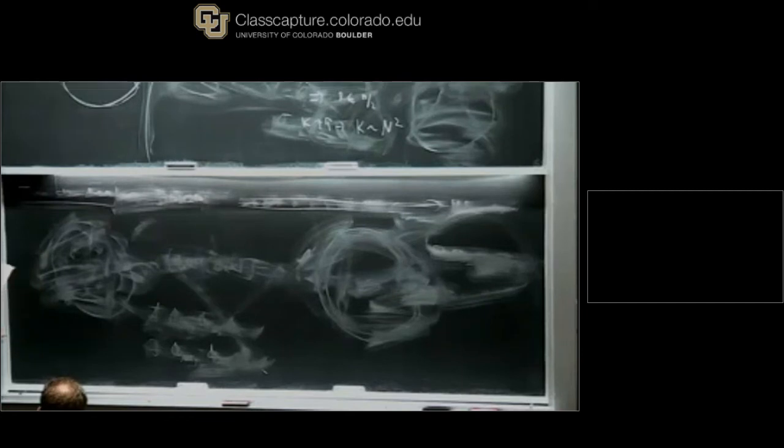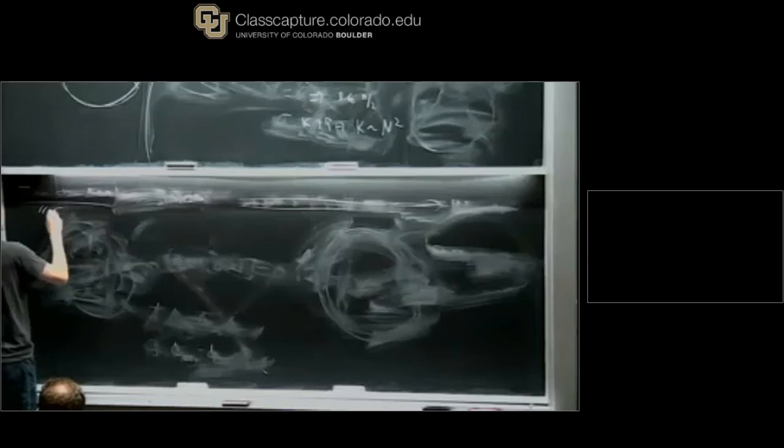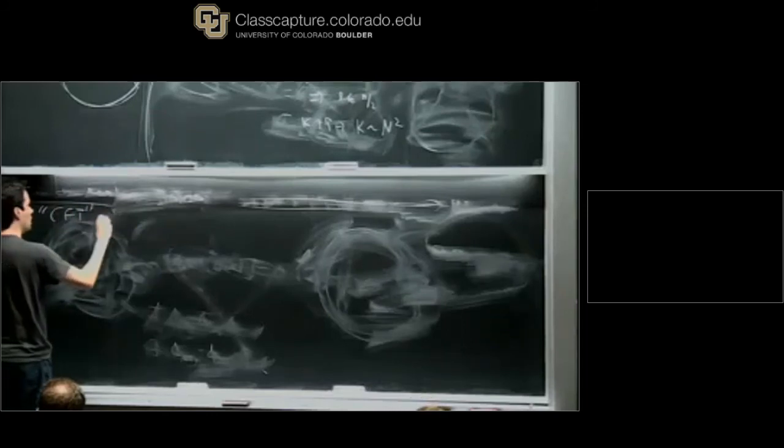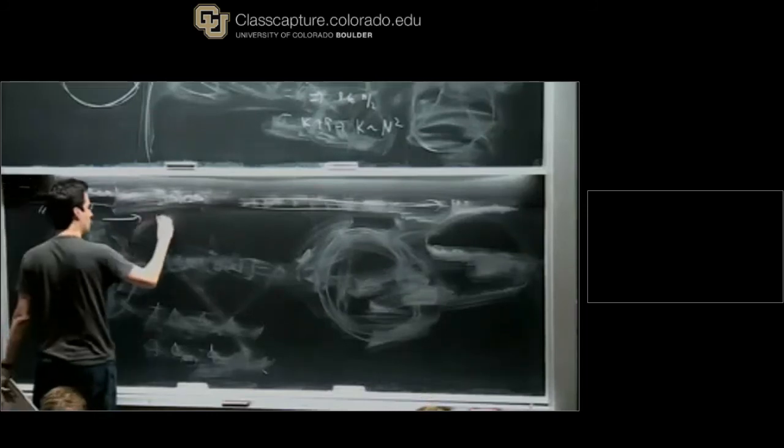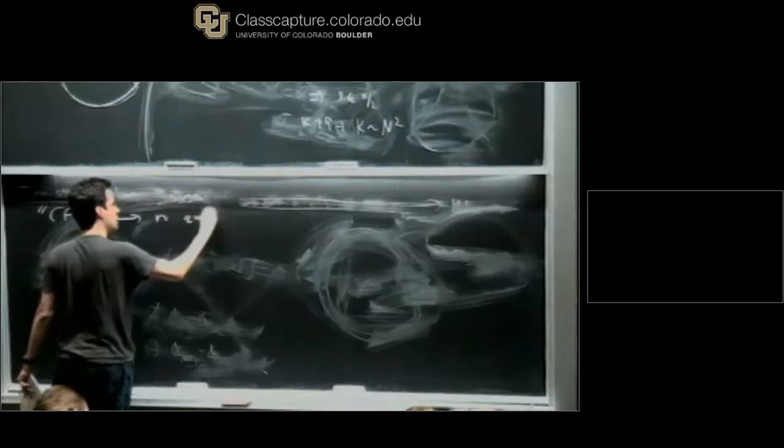Okay, so let's see. Yeah, so let me just say a little bit about how these models work. The idea is that now, instead of having the CFT be 3 qubits, we're going to have it be n qubits. Now we're back to qubits.